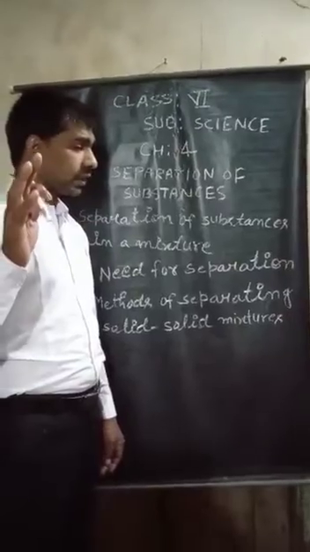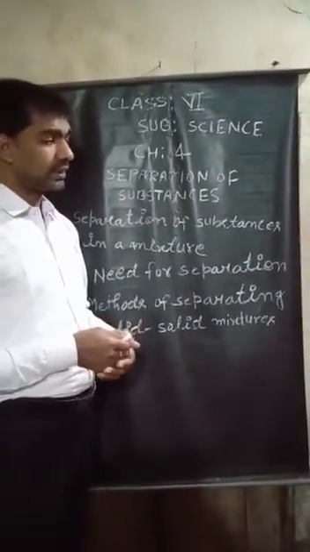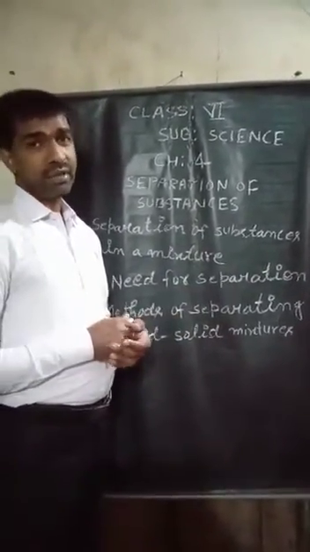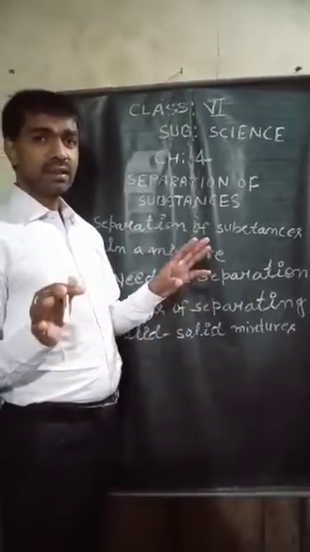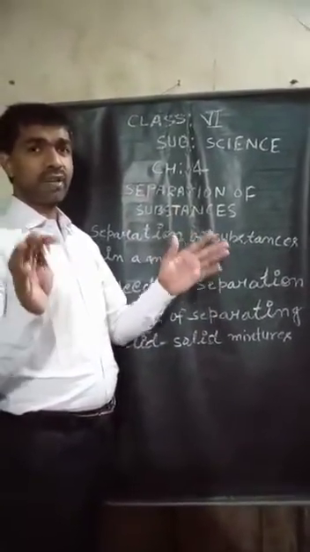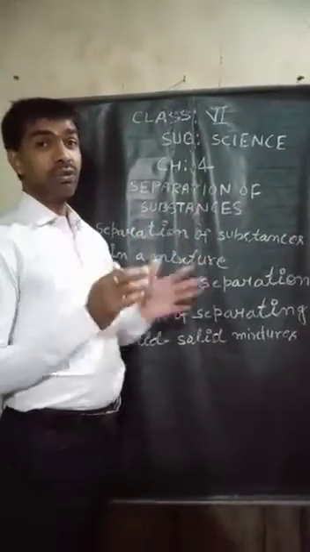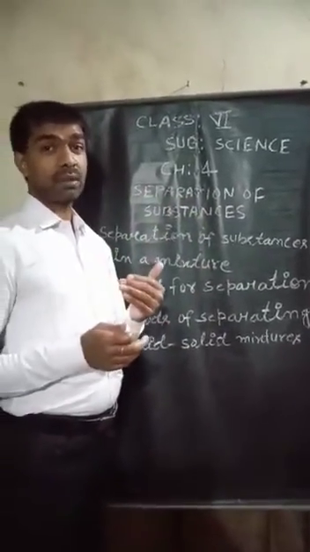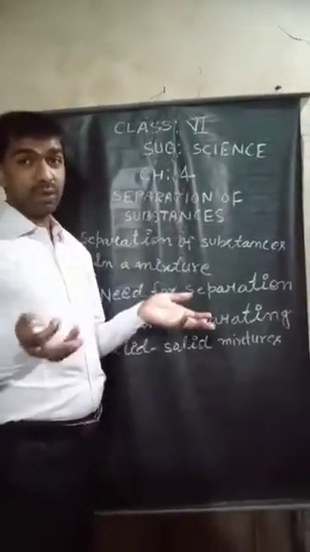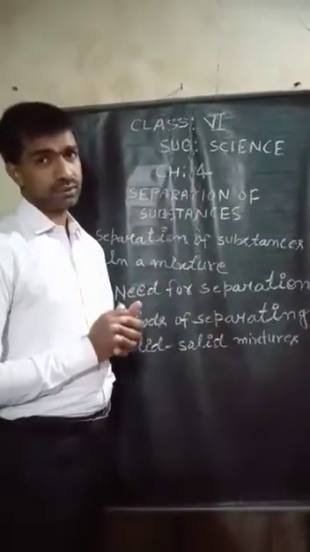These are some examples of why we remove undesirable components from the mixture. So the need for separation is a very important point, because it helps us to get useful components from the mixture and to remove undesirable components from the mixture.